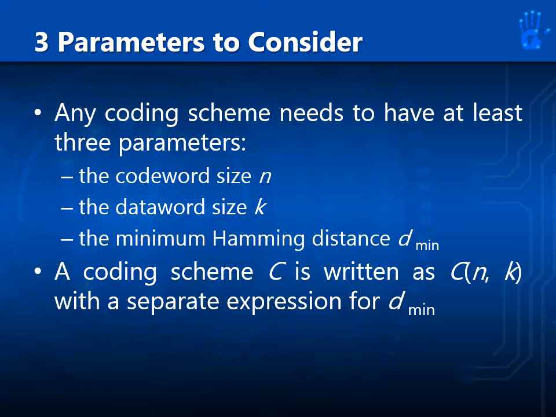Any coding scheme needs to have at least 3 parameters. First, we have the code word size, n. Next is the data word size, k. And lastly, we have the minimum Hamming distance, d_min. A coding scheme C is written as C(n, k), with a separate expression for d_min.